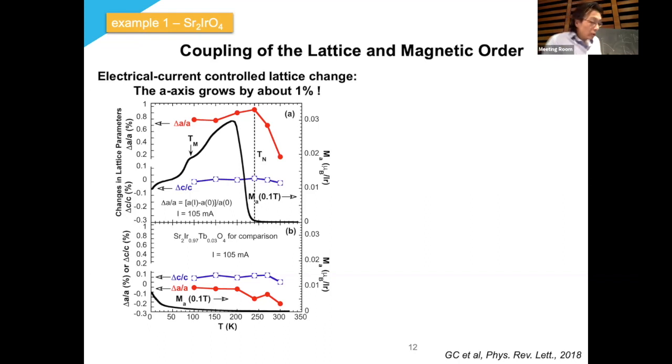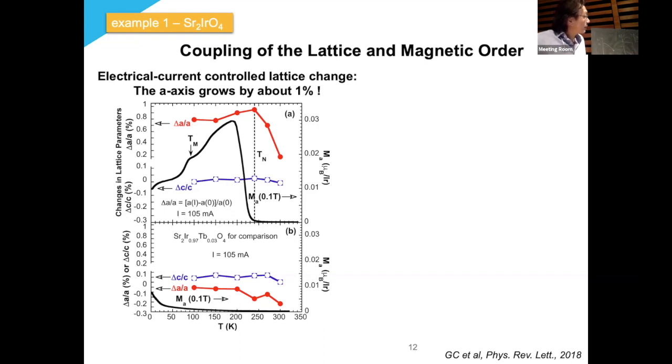Of course, we are mindful that whenever you apply current, heating is always an issue. We want to make sure this is not just due to self-heating. So we decided to do another compound, with 3% terbium doped on the iridium sites.